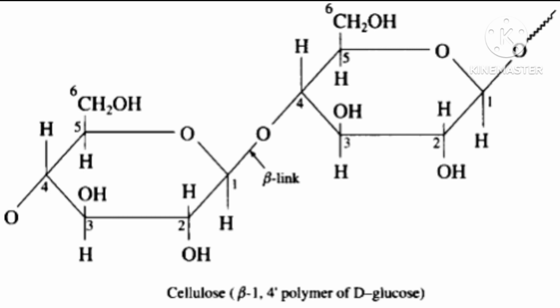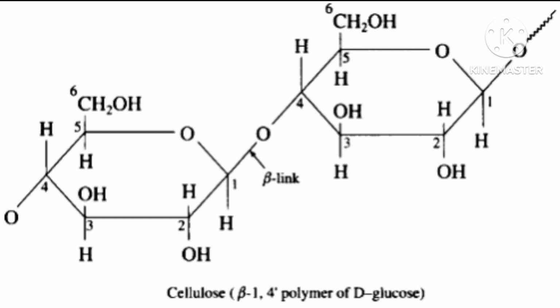Then H from the CH2OH is gone, O becomes negative. This negative joined with the positive carbon, at carbon 1, that is positive, it joined with that. Correct? This is called C1-C6 glycosidic linkage, also called alpha link.